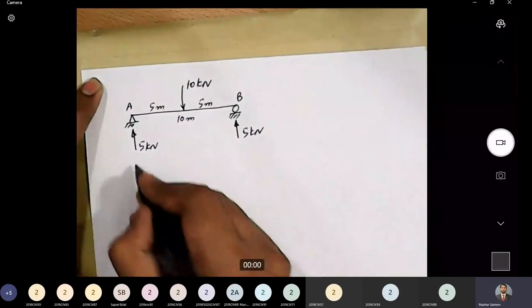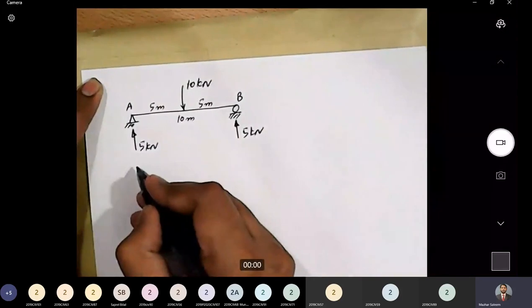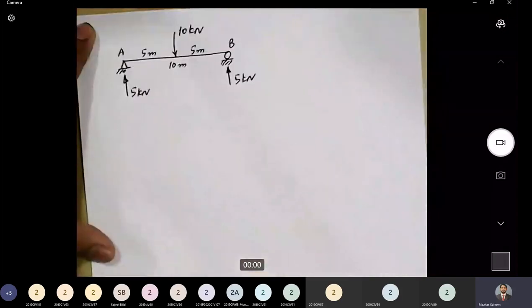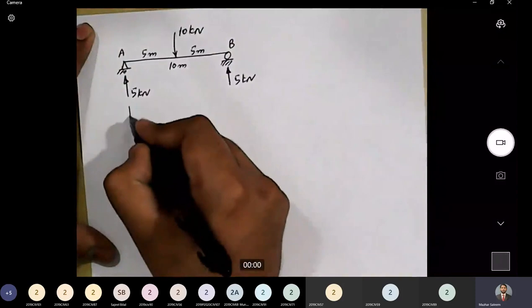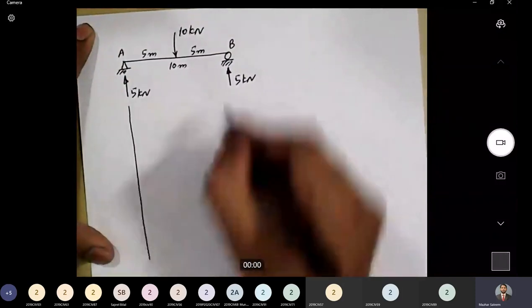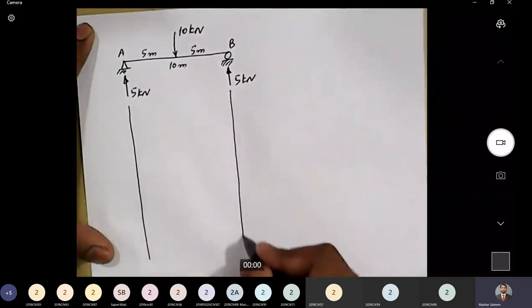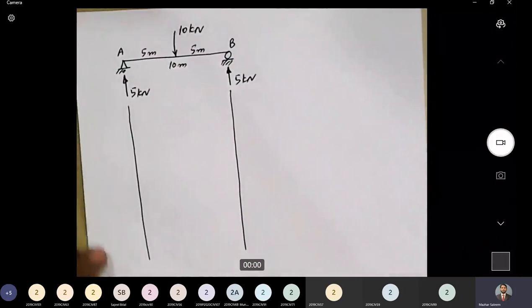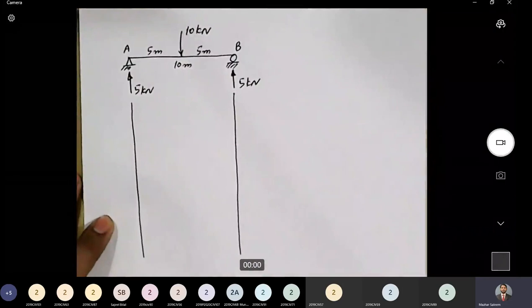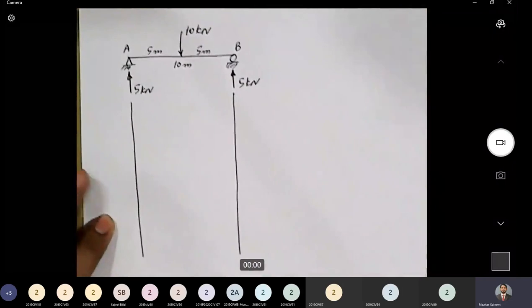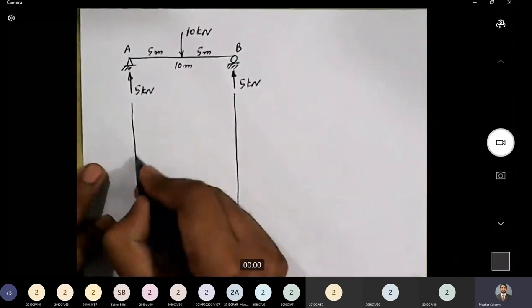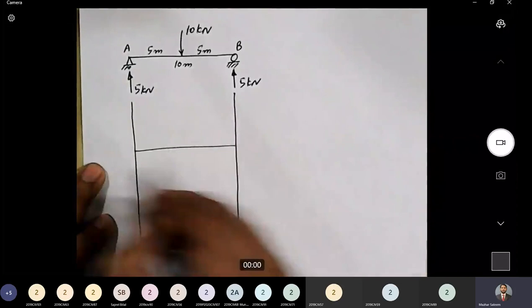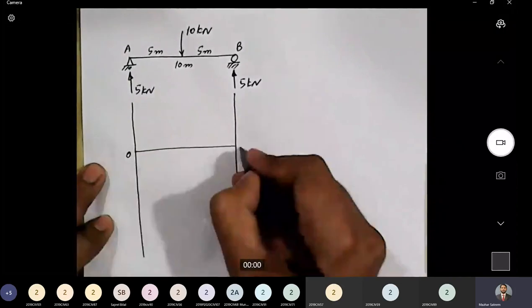Now, in order to draw shear force diagram and bending moment diagram, I will have to draw guidelines. These are the guidelines on which I'll draw the shear force diagram and bending moment diagram. This is the 0, 0 line.